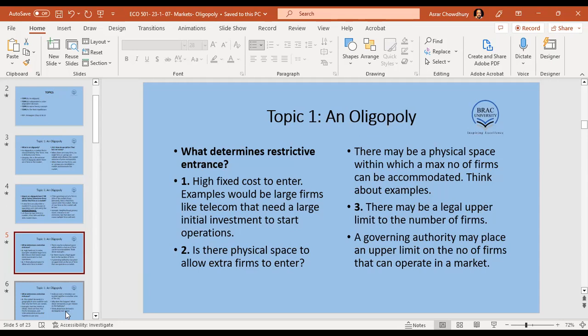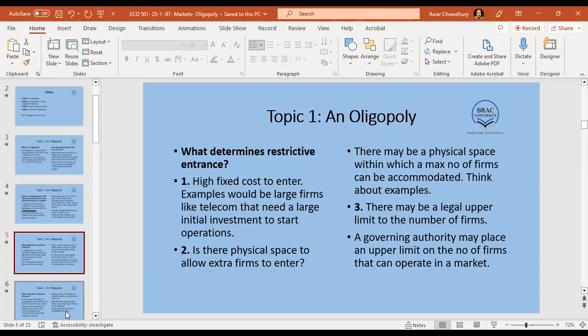Okay, let's assume there's only 3 photocopy shops in the BRAC building opposite our road, and maybe the BRAC authority has fixed the numbers that not more than 3 firms can do business. So even if you have the expertise, and the financial capital to enter the market, you can't enter the market, right? Yes, sir.